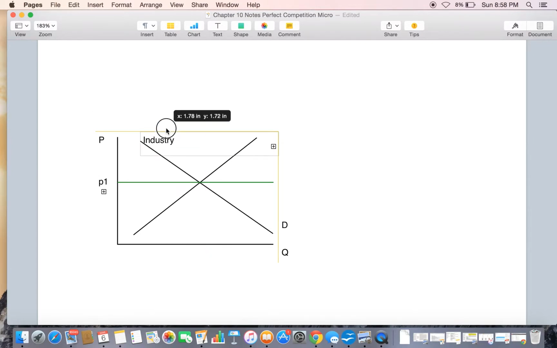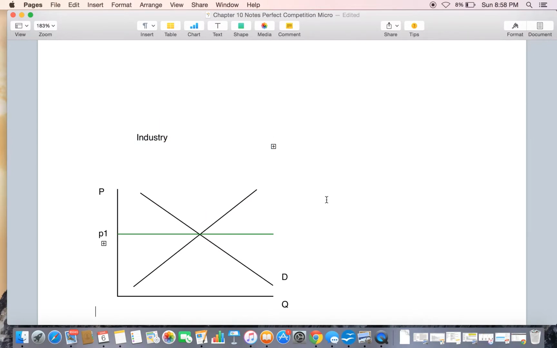It will be the price the firm is going to charge, whether it's the short or the long run. Here the intersection of supply and demand gives us a price of P1. If we were to think about the quantity produced here, this would be the quantity that the entire industry is producing.